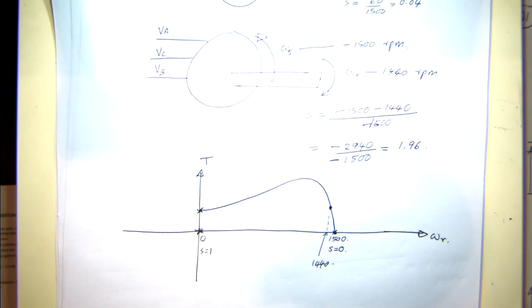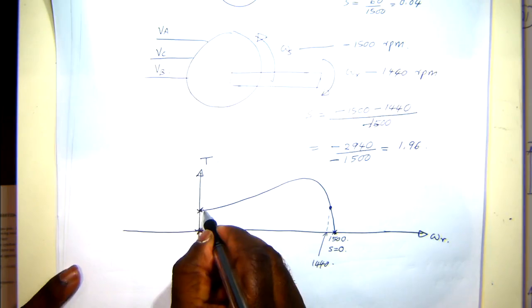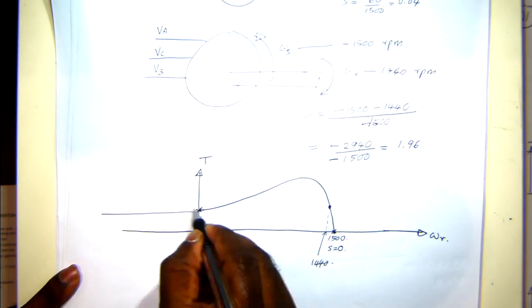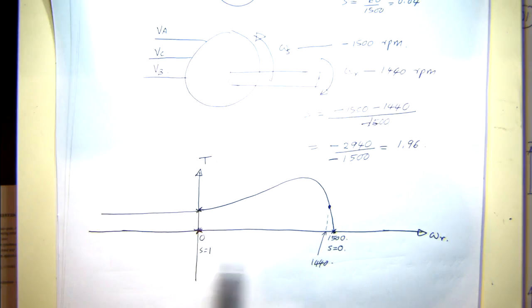So this is for a certain phase sequence. If you were to reduce it to 0 speed and start spinning it the other way, let's say you artificially connect it to another machine and try to rotate it the other way, the torque speed profile will extend towards the negative region as well. So this is positive speed.